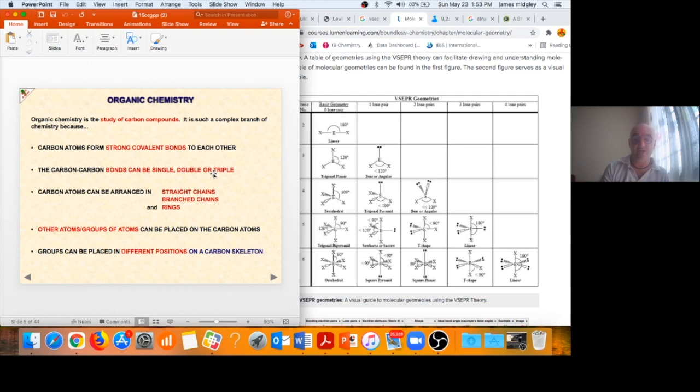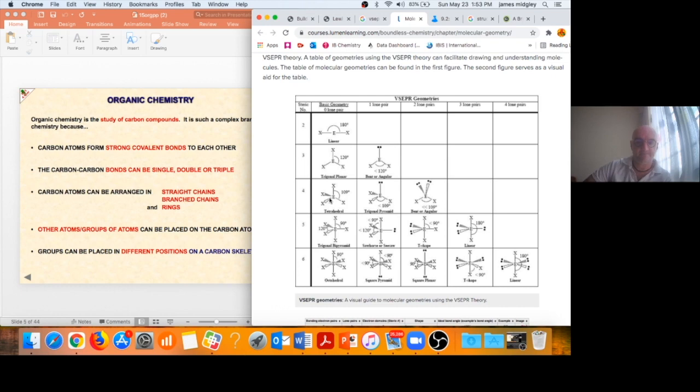Okay. Carbon atoms make strong covalent bonds with each other. They do because they can hybridize. Remember, if it was a tetrahedral, what's the hybridization? Yes, the hybridization will be sp3, and you need to do the electrons in boxes. Do your ground state carbon, 1s2, 2s2, 2p2.